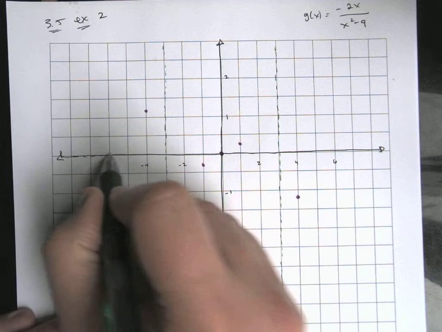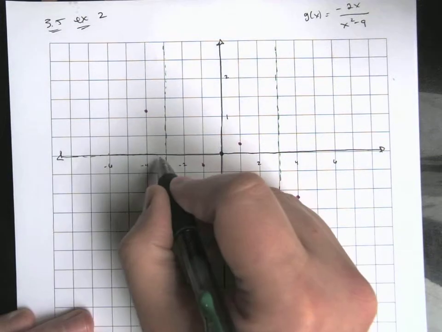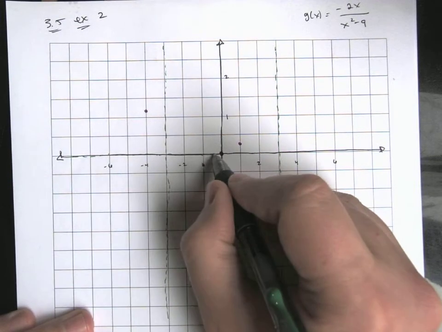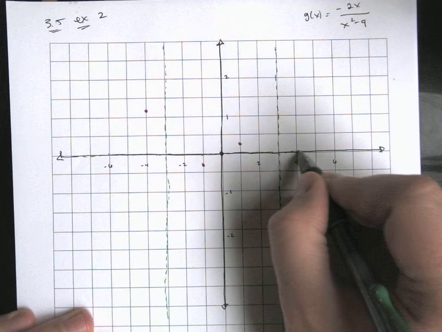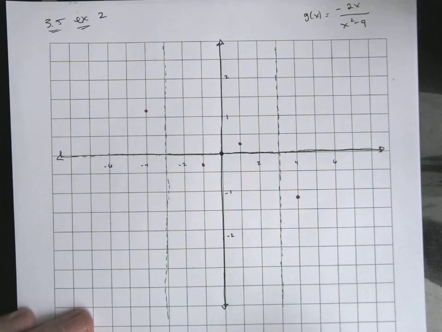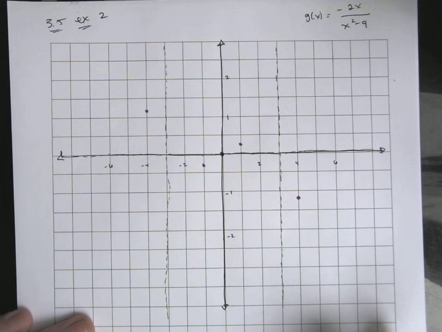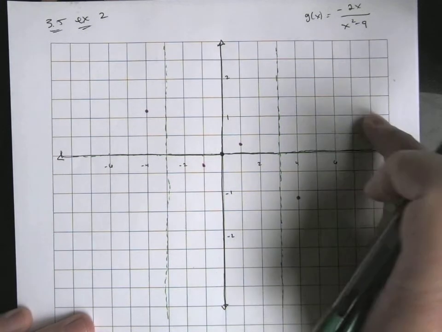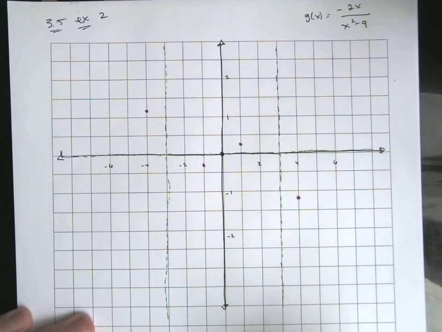I'll mark it here. I don't know how well it's going to show up, honestly. If I put this green dotted line, it just makes it look a little mushy. It's tough to visualize that with pens. In any event, as we get further out to the edges, we need to come down towards y equals 0, towards the x-axis.